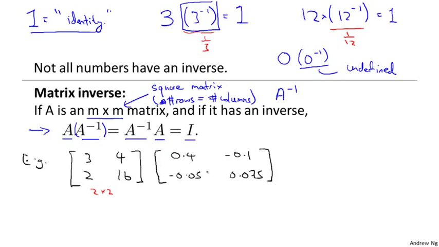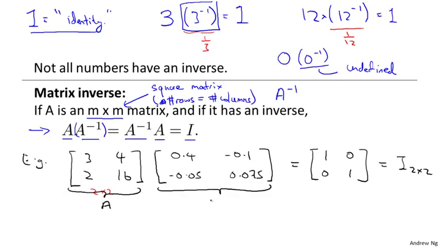And if I multiply these together, what I get is the 2 by 2 identity matrix, I, which I can write as I 2 by 2. On this slide, the first matrix is the matrix A, and the second is the matrix A inverse. Here I've computed A times A inverse. If you compute A inverse times A, you also get back the identity matrix.